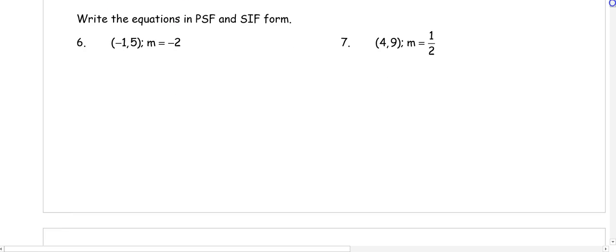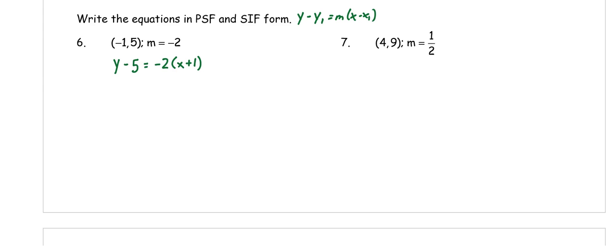Let's practice writing in point-slope form and then moving to slope-intercept. To write in point-slope form, remember we're starting with y minus y1 equals m times x minus x1. When I substitute, I have y minus 5 equals -2 times x plus 1. To move to slope-intercept form, I have two steps.